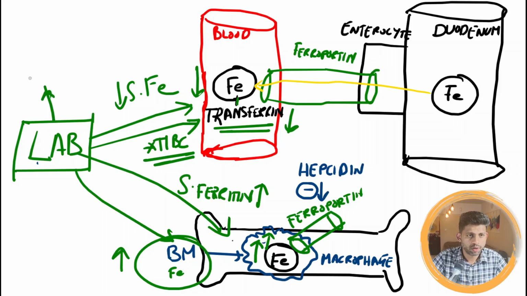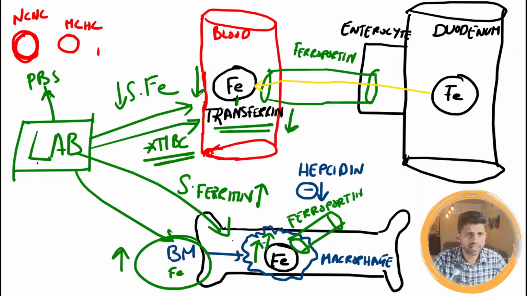And when you do a peripheral blood smear, mostly you will see normal sized RBCs with normal hemoglobinization. But sometimes you get small sized RBCs with less hemoglobin because of reduced availability of iron. So you get normocytic normochromic anemia or microcytic hypochromic anemia.